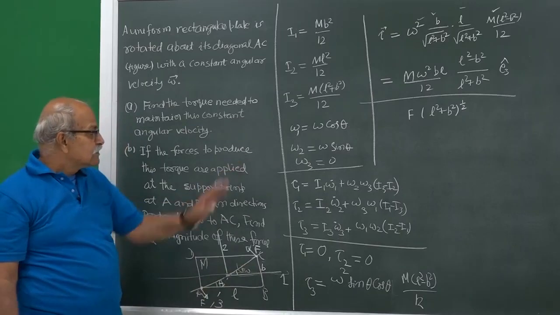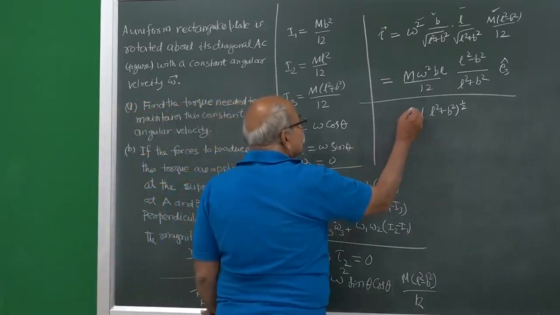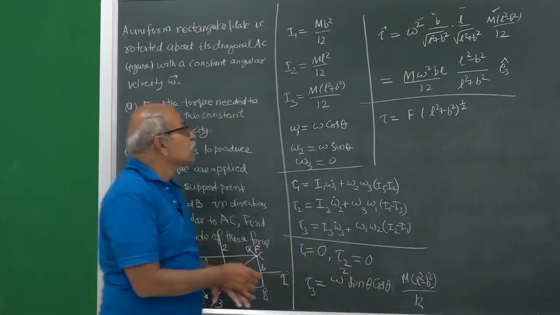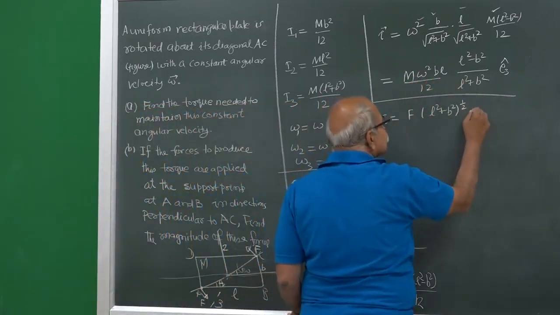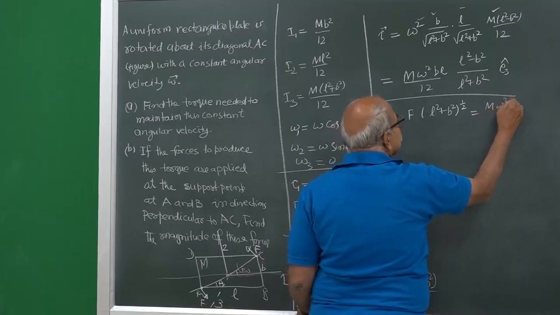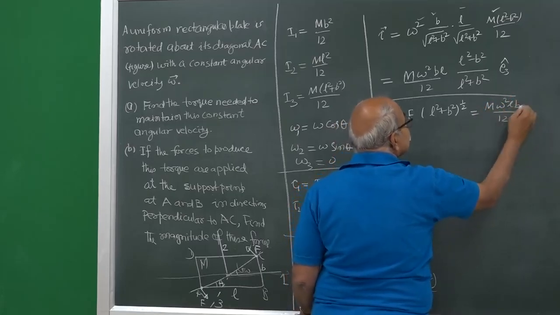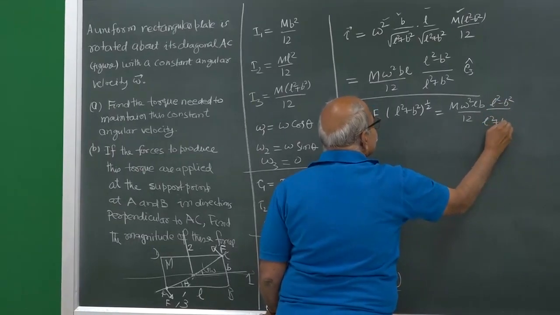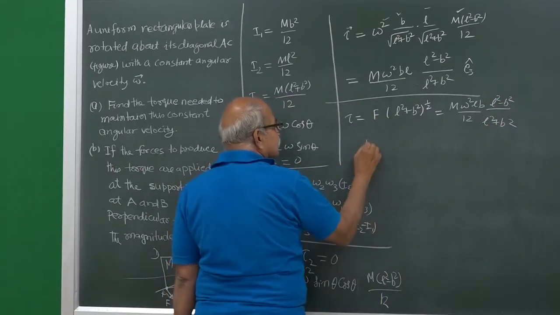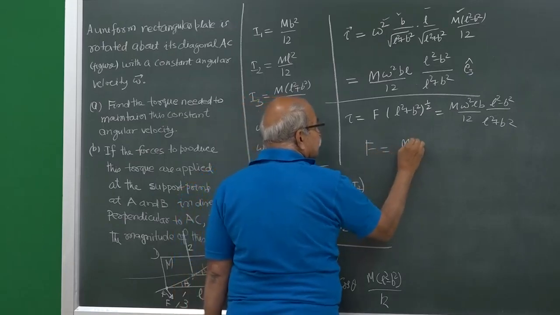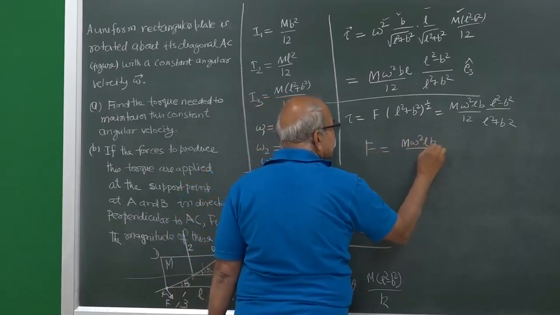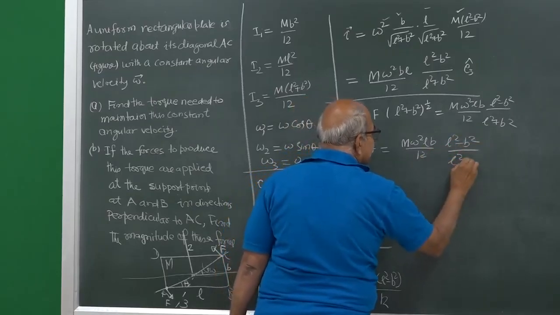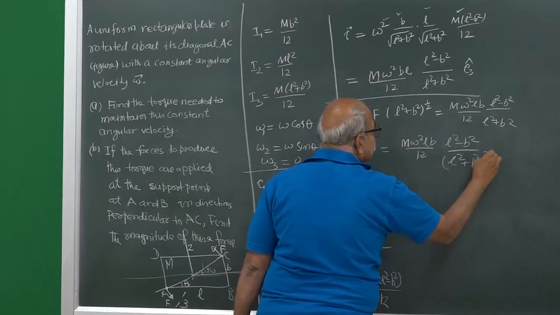If I apply F, this is the torque, but what I need is m omega square L b by 12 times (L square minus b square) divided by (L square plus b square). From here you can get F. F will be m omega square L b by 12 times (L square minus b square) divided by (L square plus b square) to the power 3 by 2.